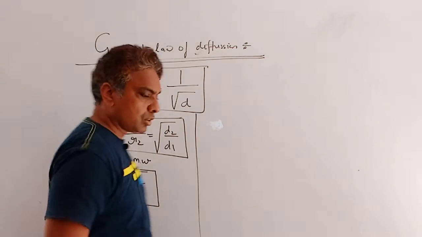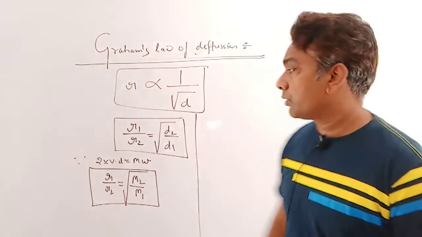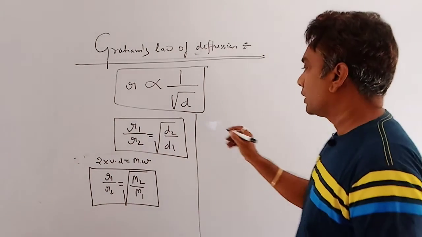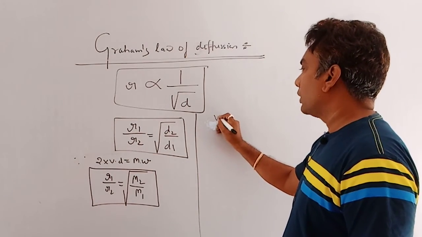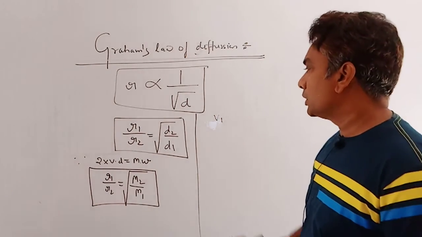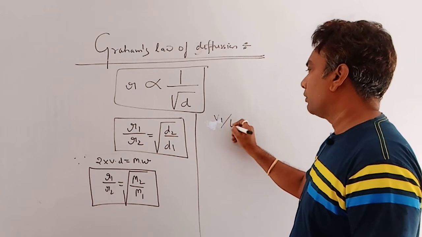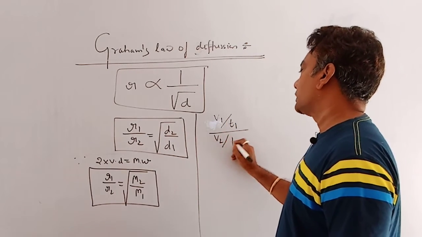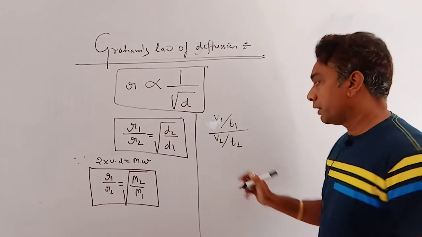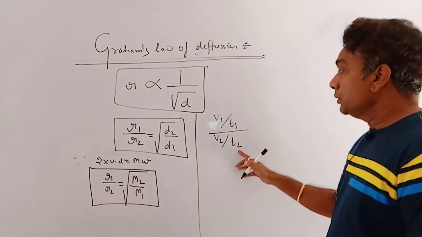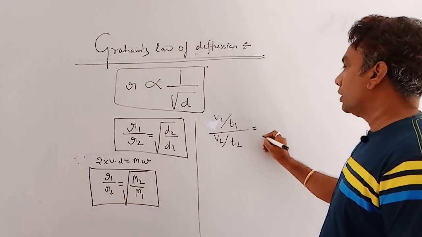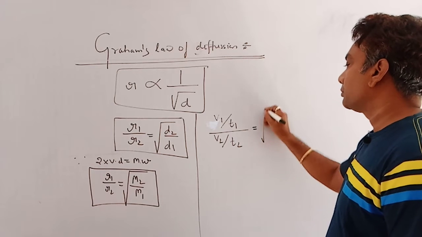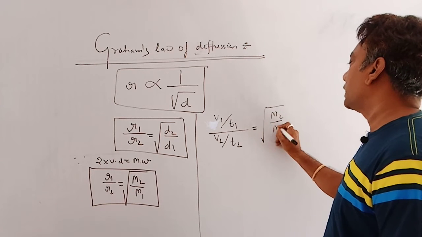Another substitution can also be made like this: if V1 volume diffuses in time T1, then the rate will be V1 upon T1, and if V2 volume of another gas diffuses in time T2, then the rate will be V2 upon T2. So it is equal to under root M2 by M1.